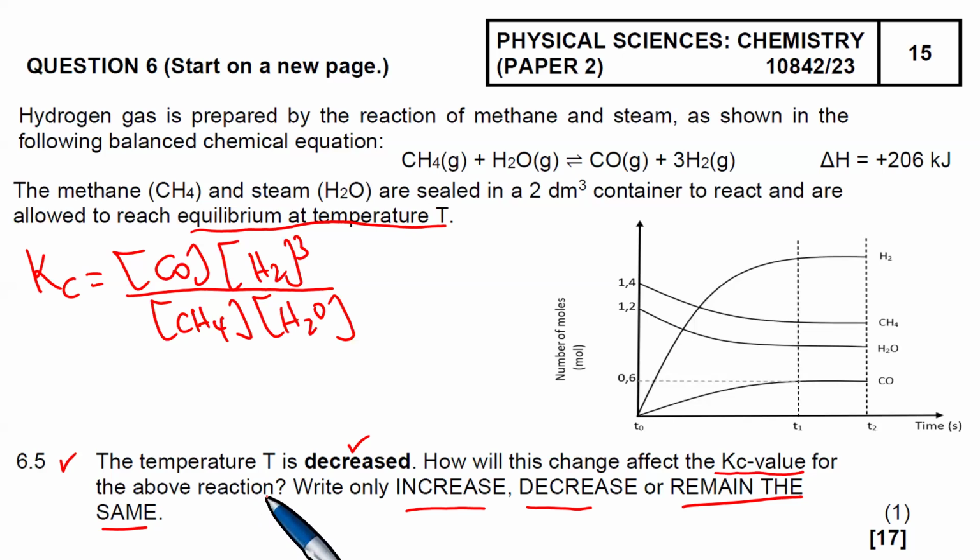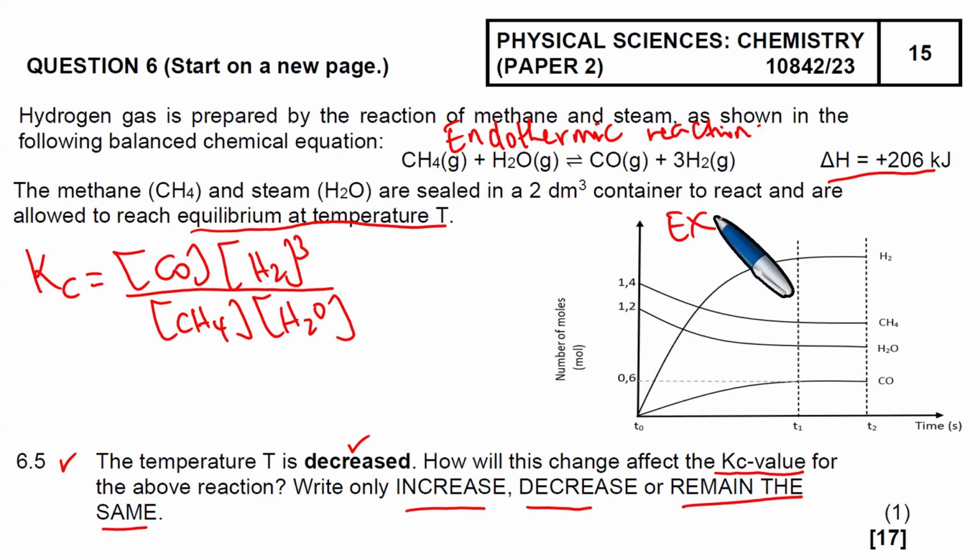So if the temperature is decreased, what happens? Remember this reaction, grade 11 kids, you need to know this. If the heat of reaction is positive, it means that this is an endothermic chemical reaction. So if it is endothermic, what does it mean? How does an endothermic reaction differ from an exothermic chemical reaction?